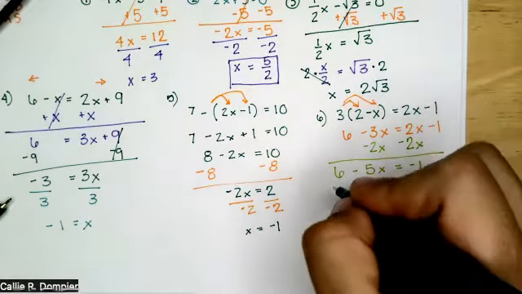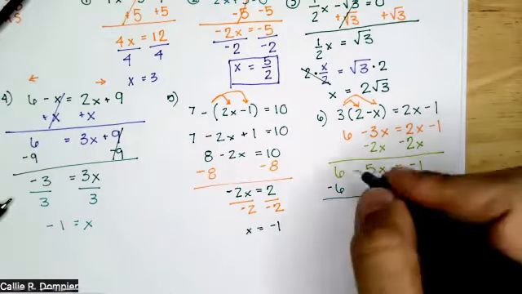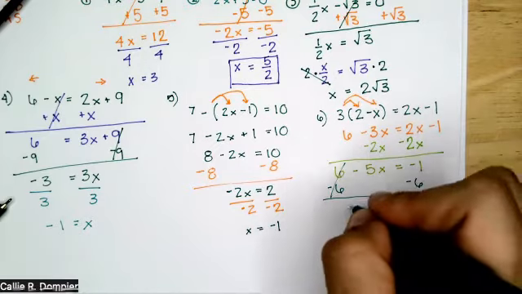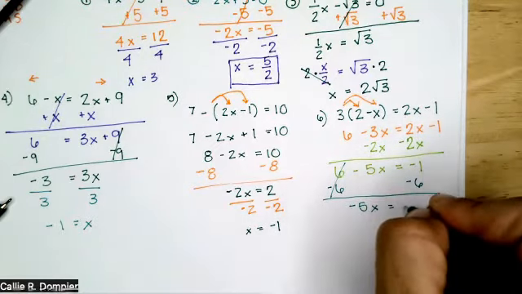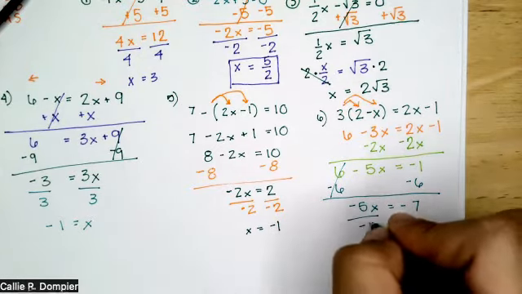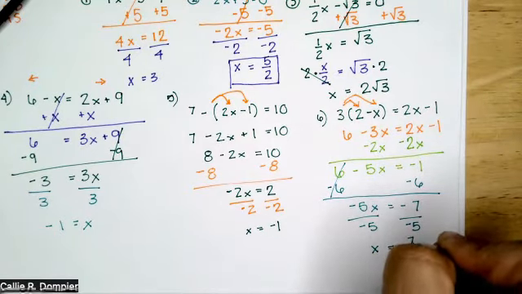All right, move the 6. Definitely would have made more sense to move it the other way, but that's all right. Negative 5x equals negative 7. Good. Divide by negative 5. X is 7/5.